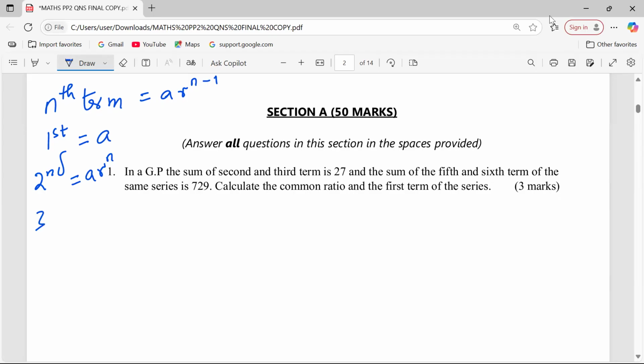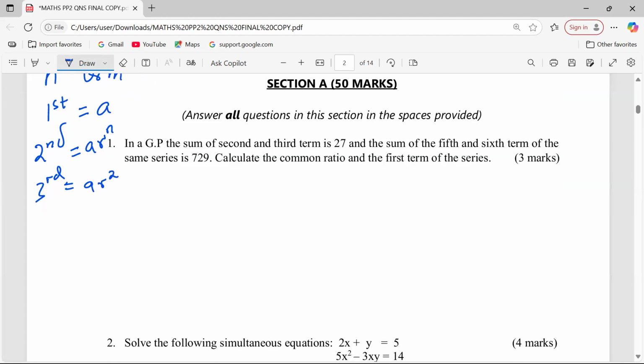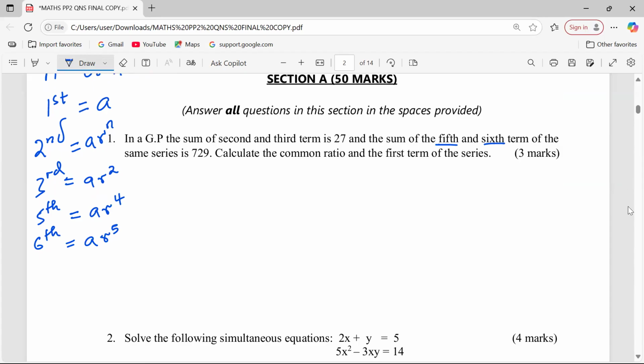Then the third shall be A R power 2, that means n is 3, so 3 minus 1. Then we're also talking about the fifth. So the fifth term shall be A R power 4. Then finally, the sixth, which is A R power 5.